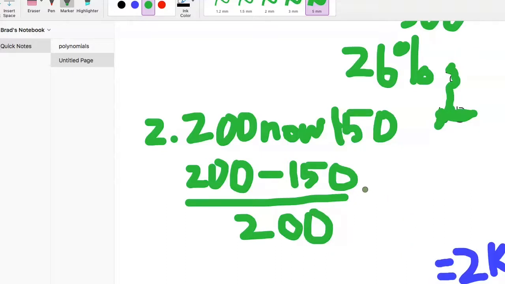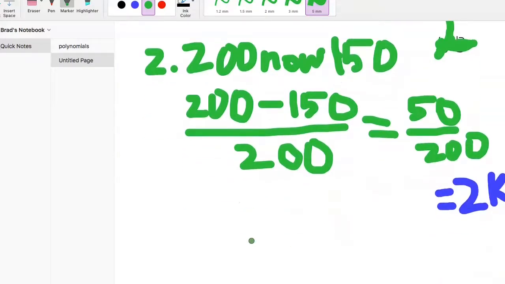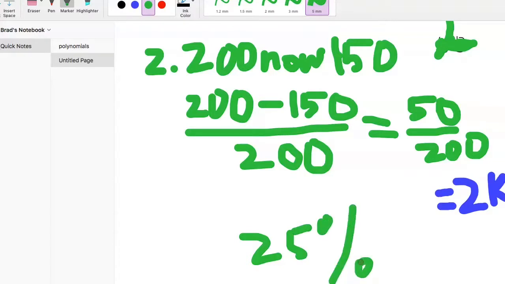But 200 minus 150, pretty simple, equals 50, divided by 200. If we do that, we get 25% for our answer. So it's a 25% discount versus when it was 200.